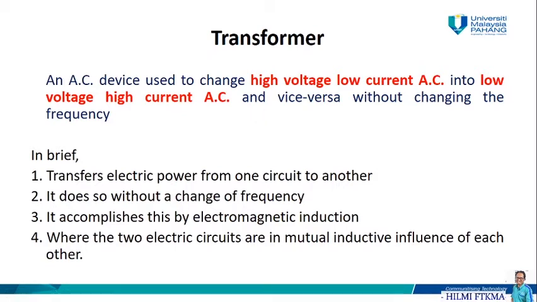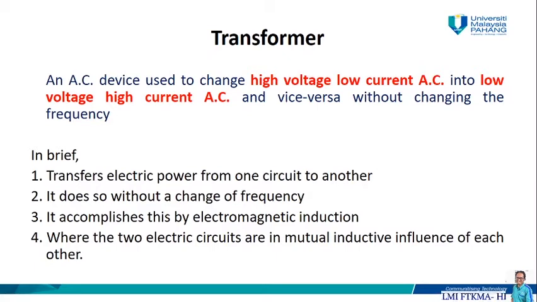This happens without changing the frequency. In brief, a transformer can transfer electric power from one circuit to another circuit without a change of frequency, and all of this is accomplished using electromagnetic induction.